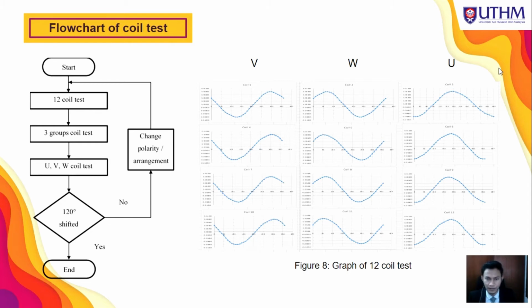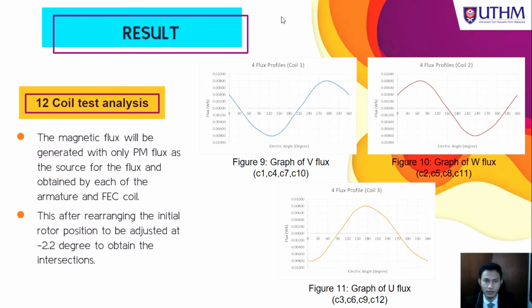Figure 8 shows the result of the 12 coil test, where we can see coil 1 until the 12th coil. This is for the 3 groups, which are U, V, W. Then we proceed to the results for the 12 coil test analysis.